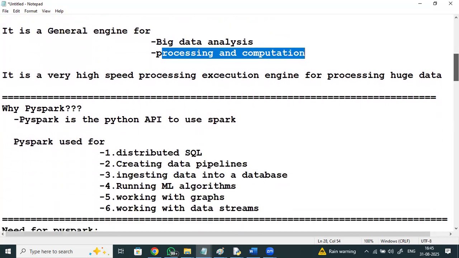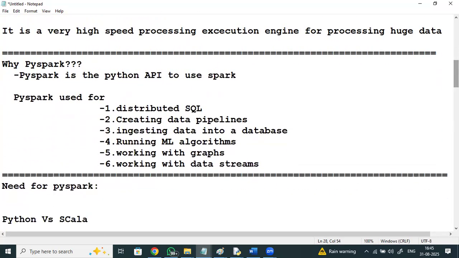And why PySpark? PySpark is the Python API to use Spark. Spark is an open source cluster computing framework used for big data solutions. PySpark is a lightning fast technology designed for fast computation.